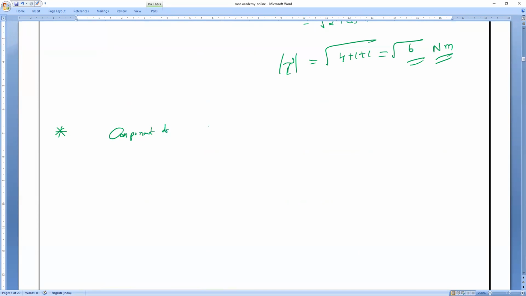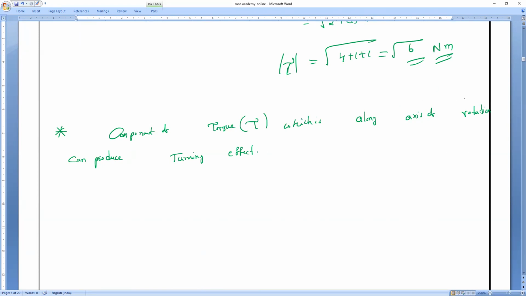Component of torque which is along the axis of rotation can produce turning effect. So be very careful. Component of torque which is along the axis of rotation can produce turning effect. Clear, everybody?